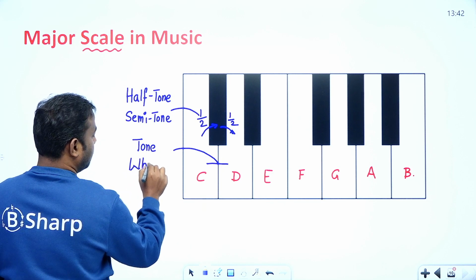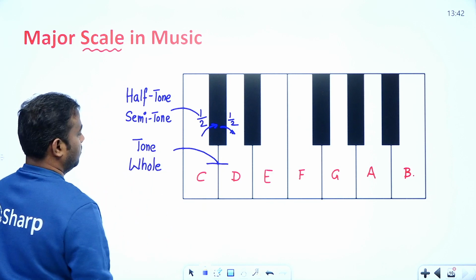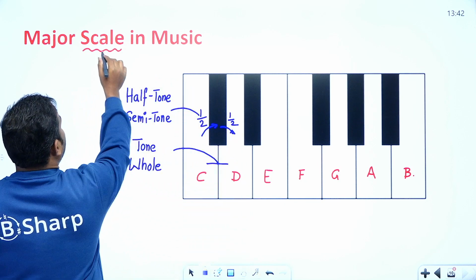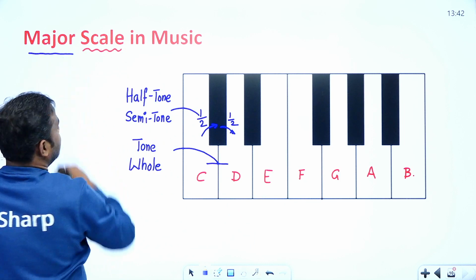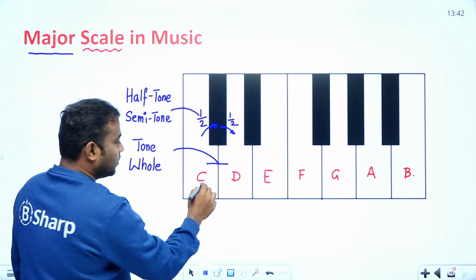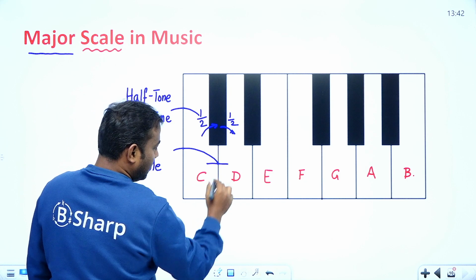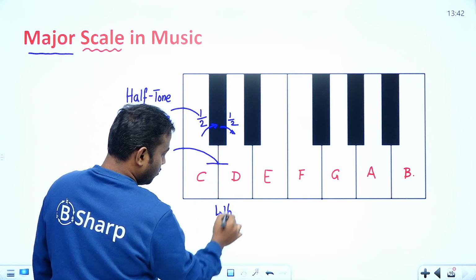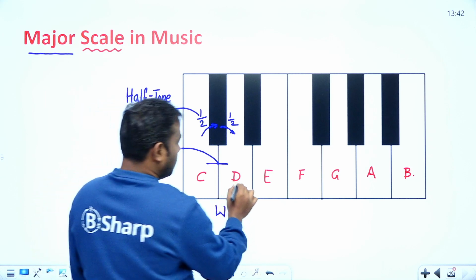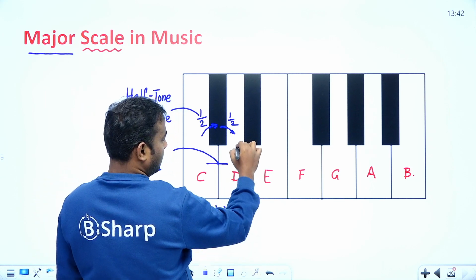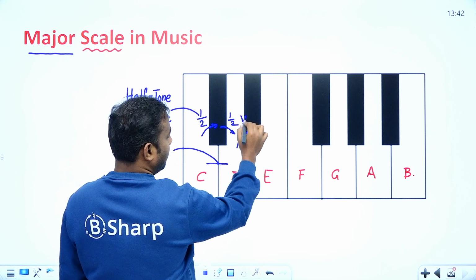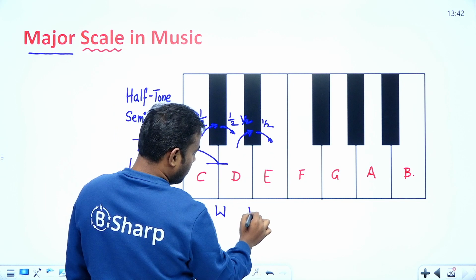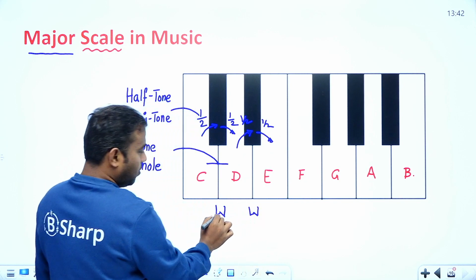Based on this, the major scale is designed in such a way that the distance between C and D is a complete whole tone. Likewise, D has a half here and another half here, so this is also going to be a whole.